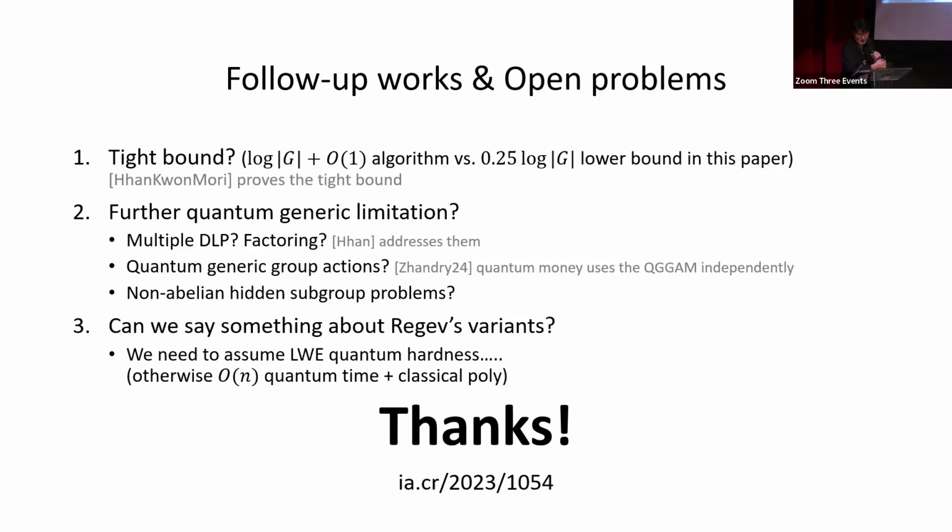Can you say something about it? Probably not, because the quantum running time of Regev's algorithm can be reduced to linear if LWE is easy, so proving something about it requires assuming that LWE is hard, which is very, I don't know. Anyway, thank you for listening.